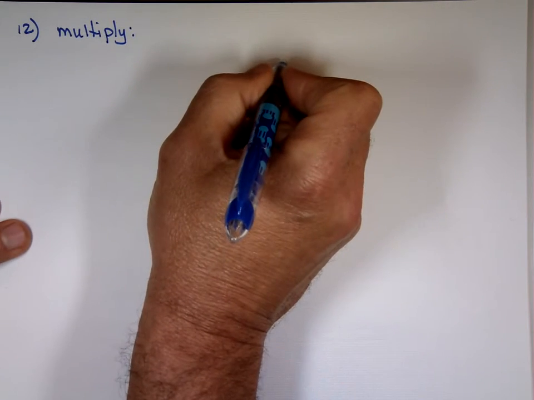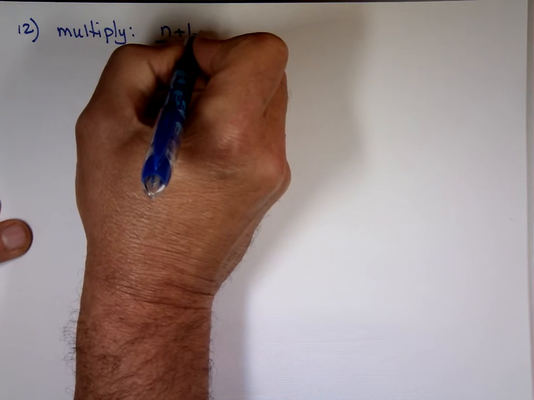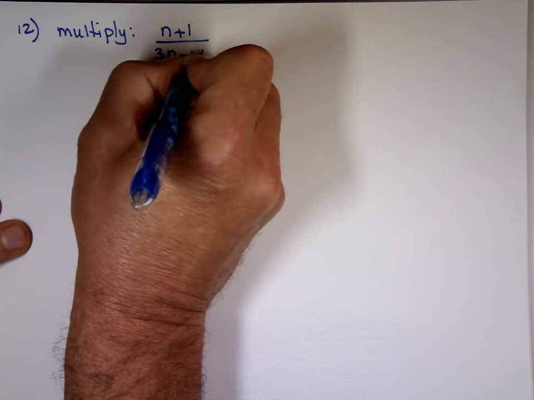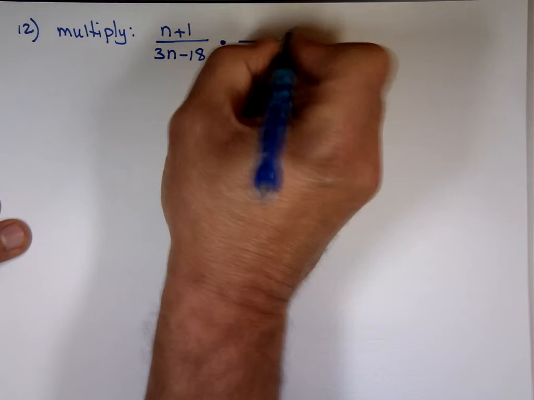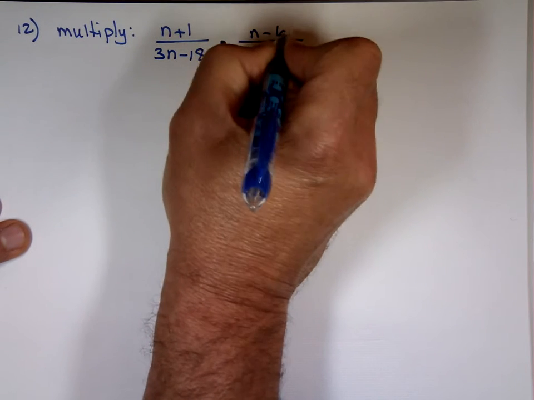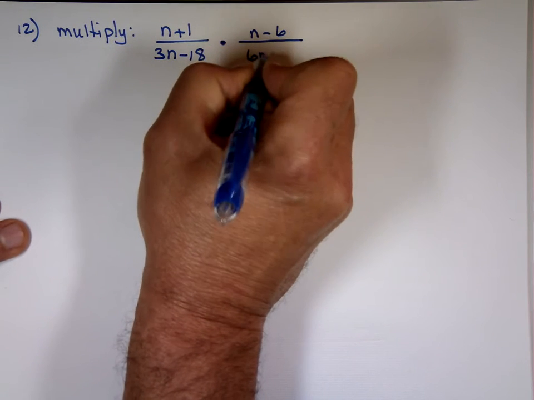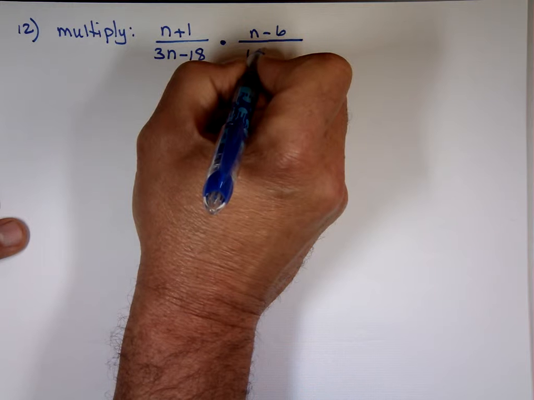N plus 1 over 3n minus 18 times n minus 6 over 6n. Let's go 6n cubed minus 6n.